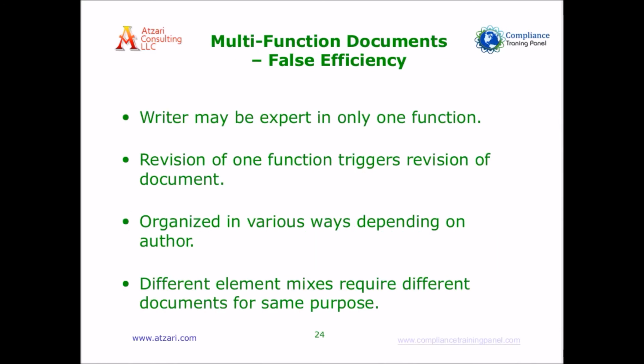This idea of multifunction documents is a false sense of efficiency. The writer may be an expert in only one function. A revision of one function triggers a revision of the document, and then it's organized in various ways depending on the author, and now you have different mixes of elements, so they require different documents for essentially the same purpose.